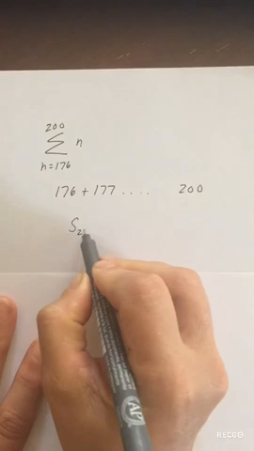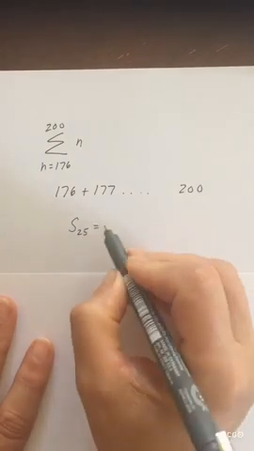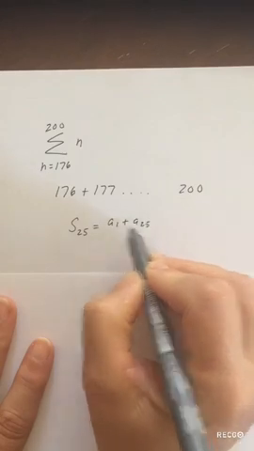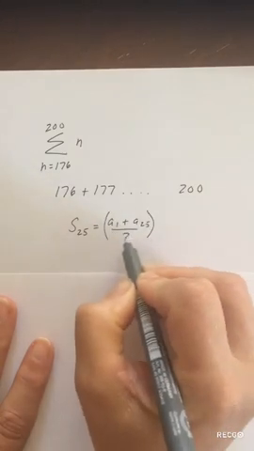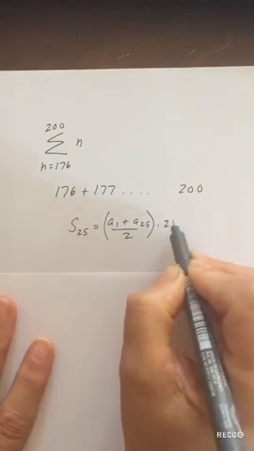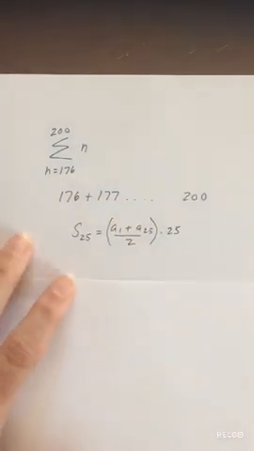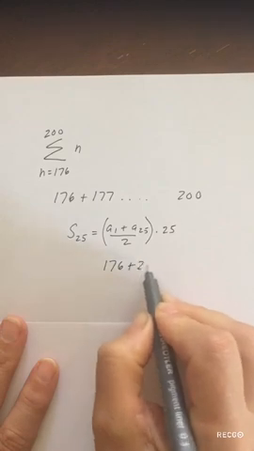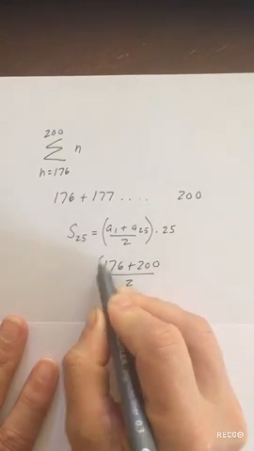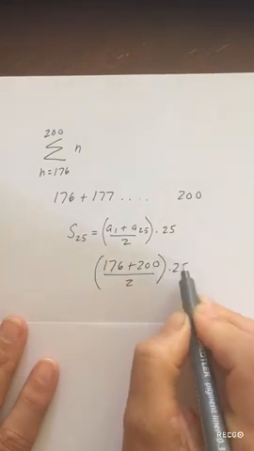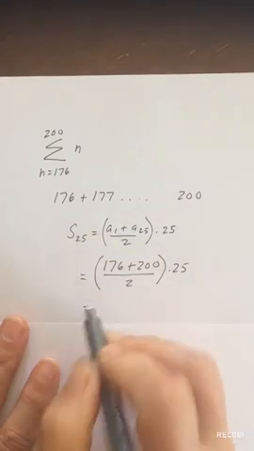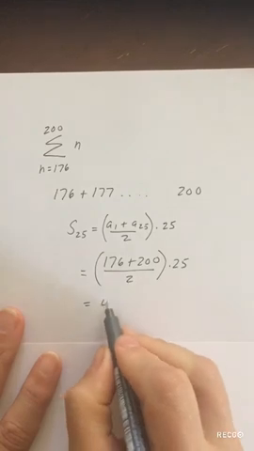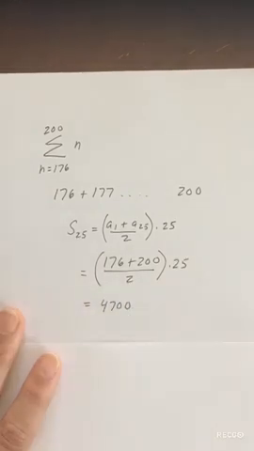You do the first term plus the 25th term, all over 2, times the number of terms. So that's 176 plus 200 all over 2, times 25. If you do all that arithmetic correctly, you should get 4,700 for that sum.